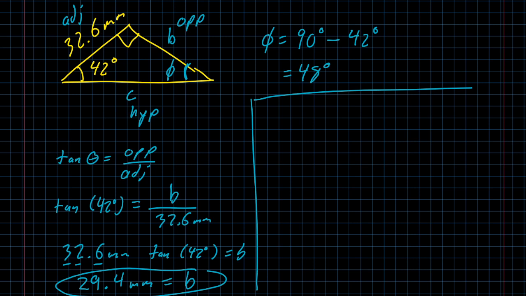I've now taken care of the angle, I've taken care of B, I still have C left to deal with. C is the hypotenuse. The relationship between the hypotenuse and the adjacent side is cosine of theta. Cosine of theta is adjacent divided by hypotenuse.